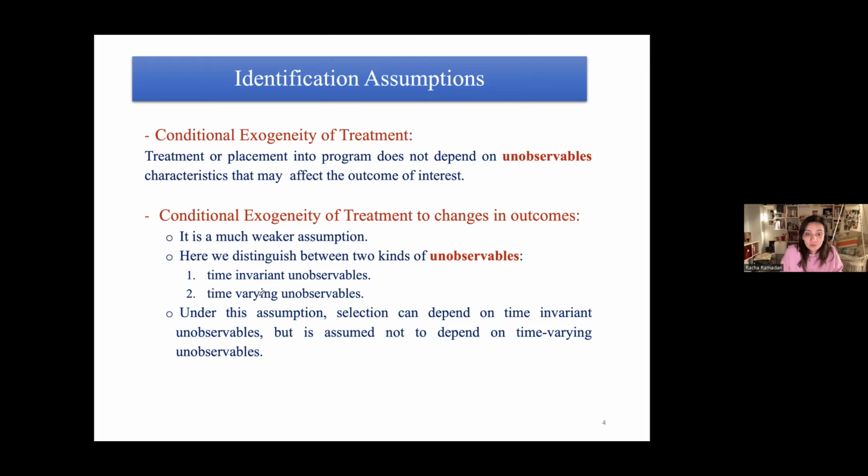But the fact that we have panel data and we will use a difference in difference method, which I will talk about, will allow us to control for these unobservable characteristics that I cannot observe, but at the same time affect the probability of being selected into the program, and at the same time my outcome.